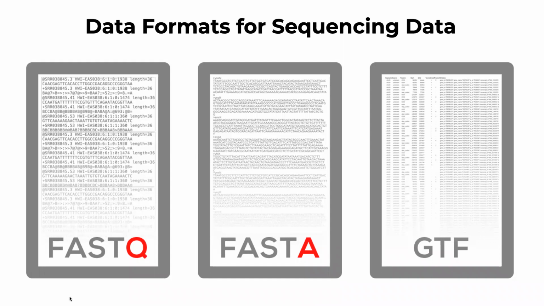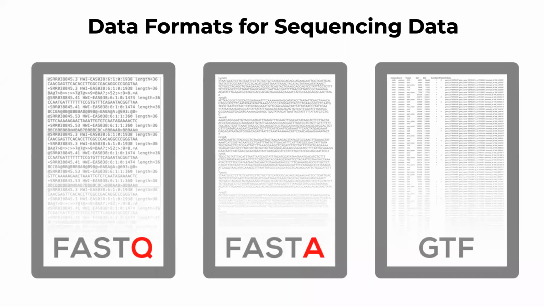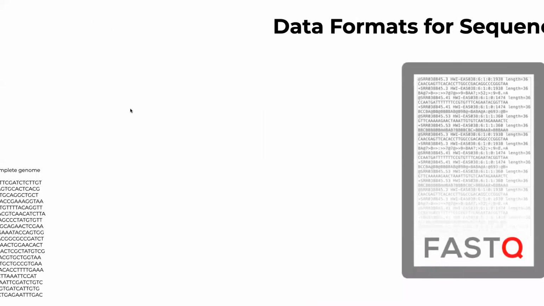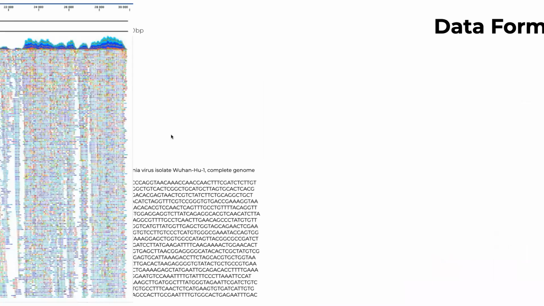So when you think of that process of generating short reads, ultimately those short reads need to be aligned to something. And so typically what you will get is something that looks like this. Here you have a bunch of individual short reads, and those have to be mapped to some kind of a reference genome.